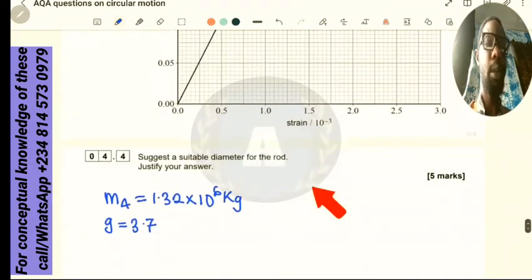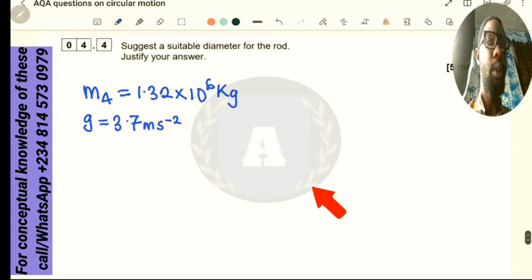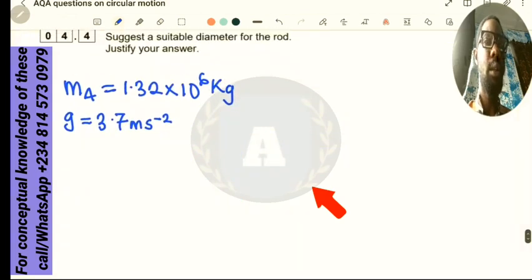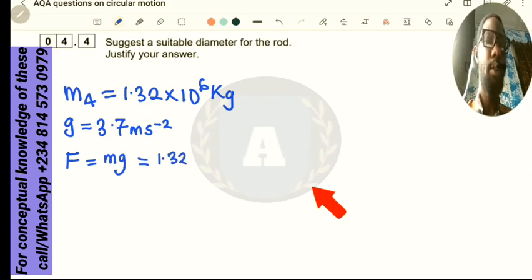Since we know the mass, we can get the force by using the relationship mg, that is 1.32 times 10 to the power of 6 multiplied by 3.7.